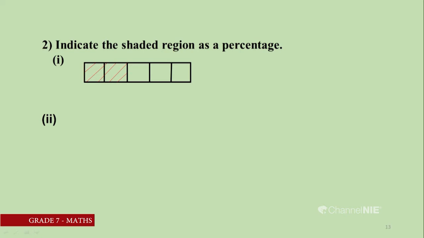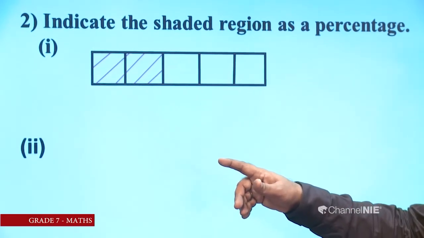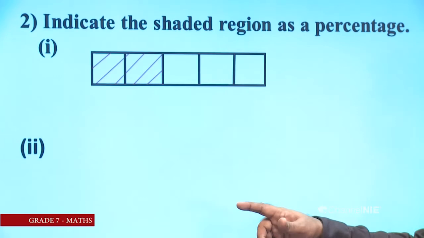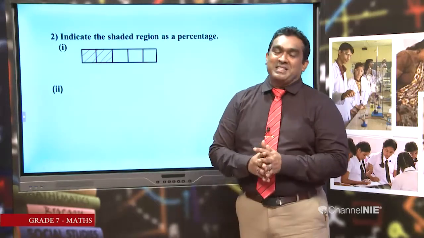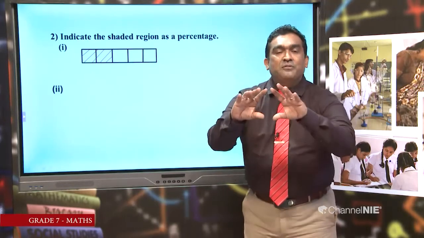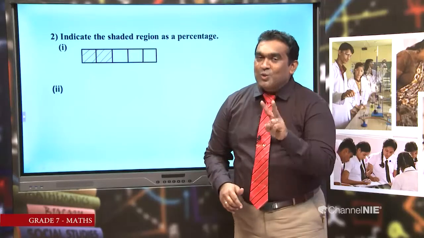Parts. Can you remember in ratios? Total number of parts, value of a part. Using the value of a part, you got the total amount. Likewise here, total number of parts, 5. Out of 5 equal parts, you have shaded 2 parts.